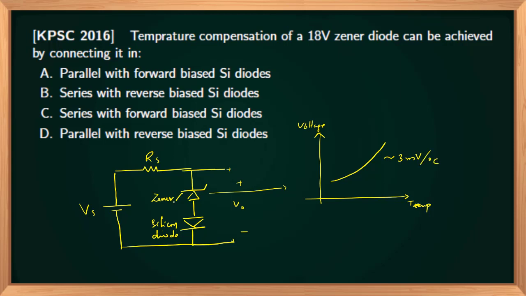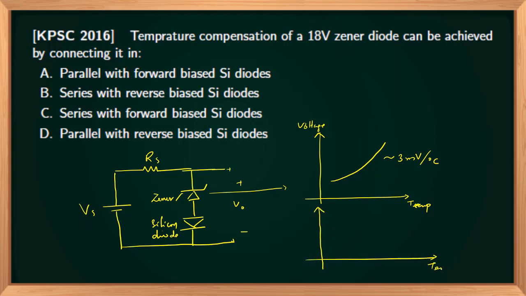As temperature increases, voltage across Zener increases. So output voltage will increase with the increase in temperature. So temperature compensation is required for correcting this change in output voltage. If we connect a silicon diode in forward biased condition, it has a negative temperature coefficient of voltage.